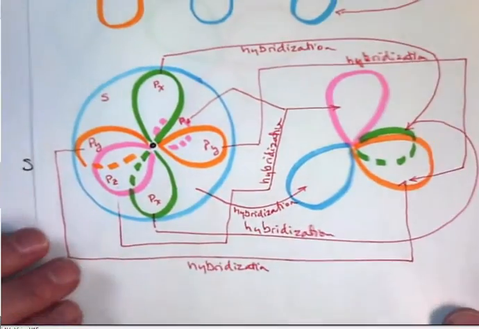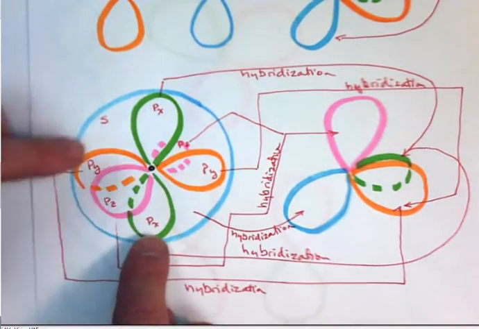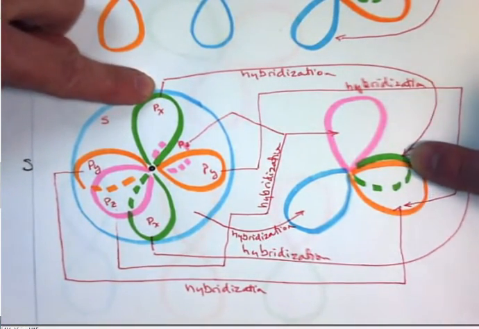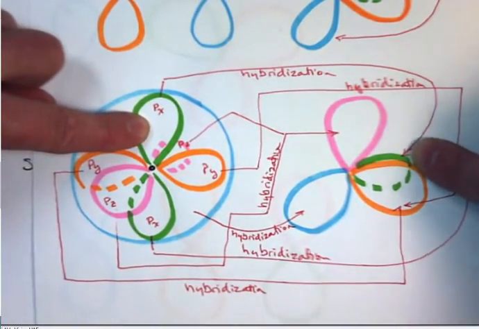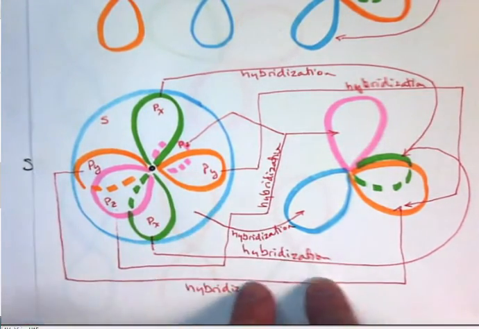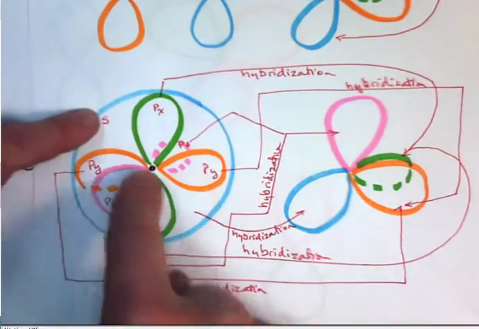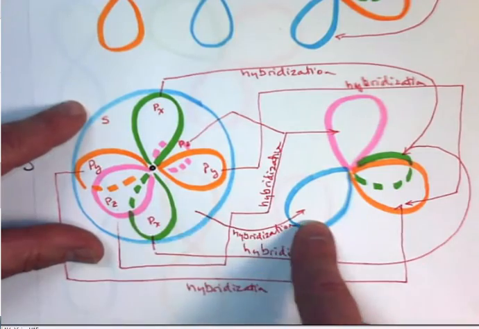So here is the drawing I showed you earlier, where we showed how this p orbital becomes a hybridized sp3 orbital back here. This green set of two balloons becomes one balloon over here. And the two orange balloons become one sp3 hybrid here. And the blue s orbital here, the spherical orbital, becomes one hybridized orbital here.